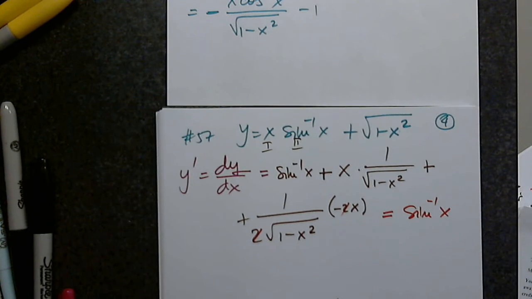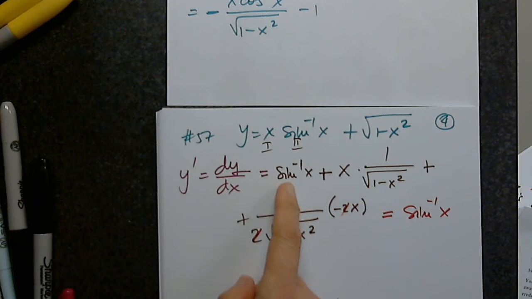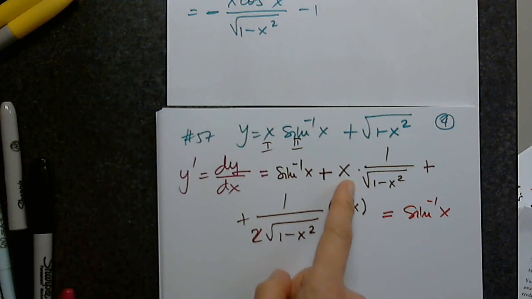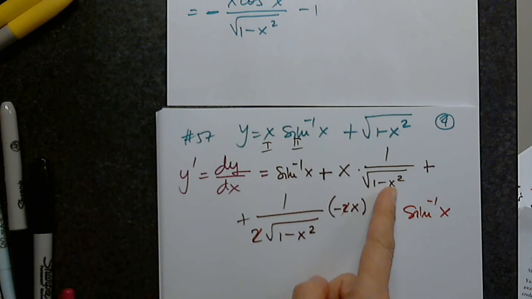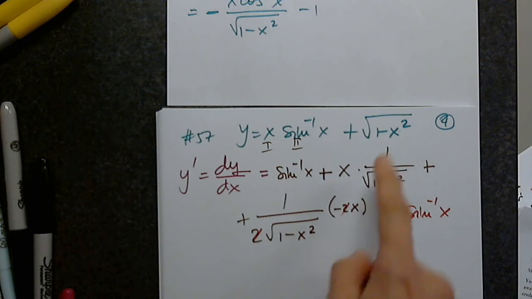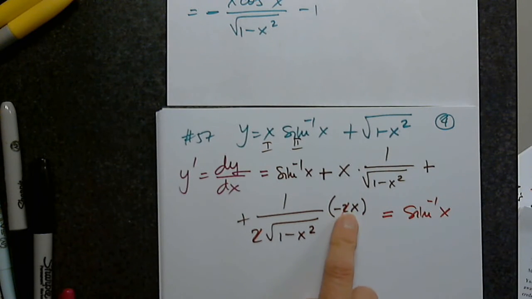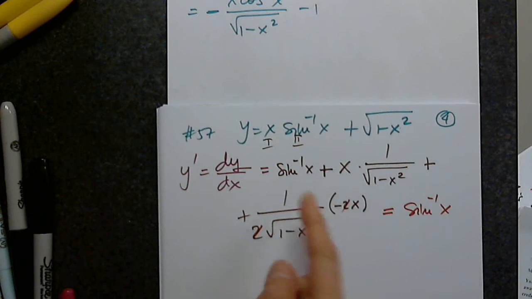Where does the plus x come from? The first function prime is 1 times the second function plus the first function times the second function prime. Plus this function prime, 1 over 2 the square root times the inner function prime. So it happens that this x over with the minus x over will go away. So the answer is just sine inverse. Is this better?